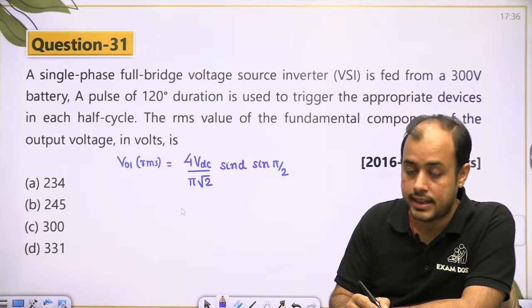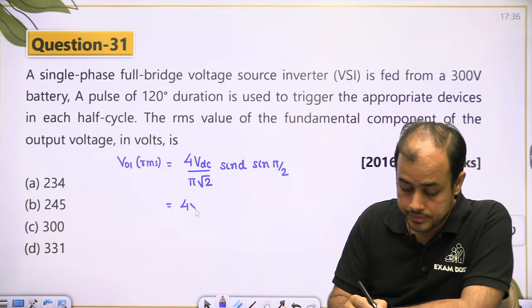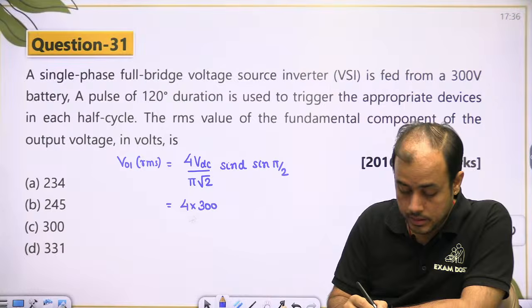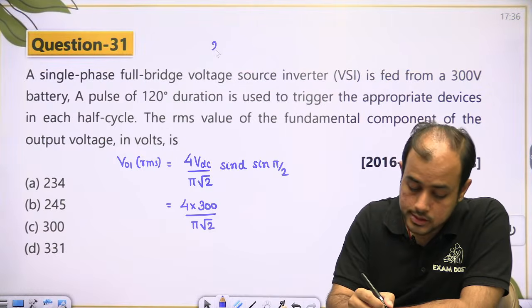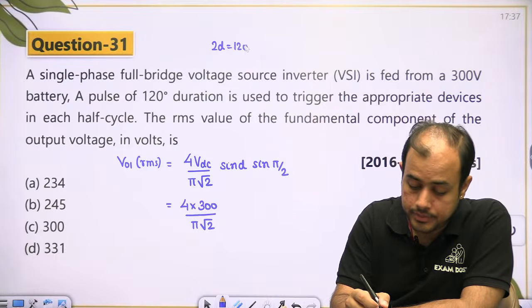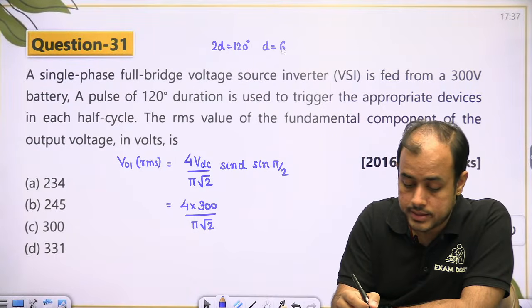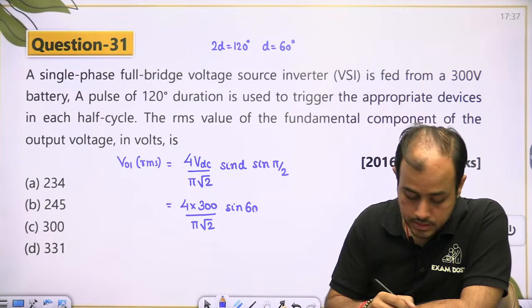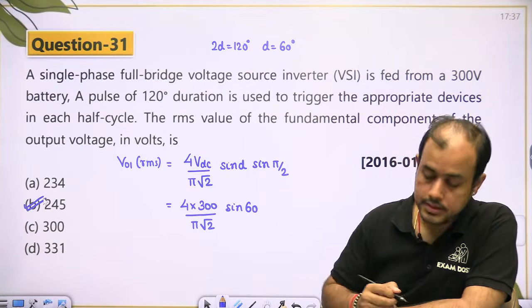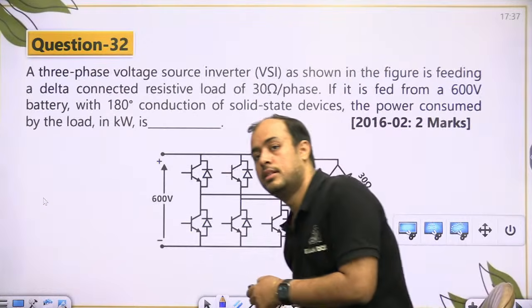I am taking n as 1. Now pulse width is 120 degree. So d will be 60 degree. So answer is sin pi by 2 is 1.